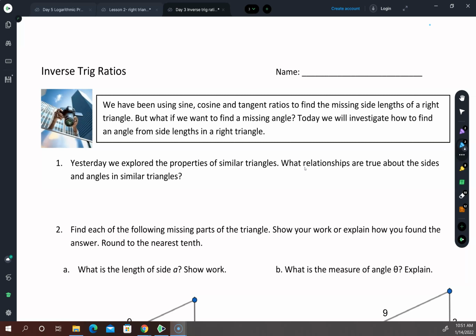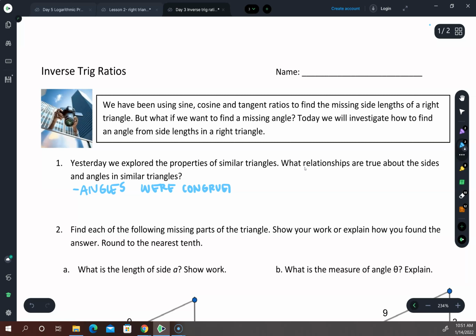Alright, so we talked about similar triangles. What relationships are true about the sides and angles of similar triangles? So the angles were congruent, and the sides scaled with a common factor.